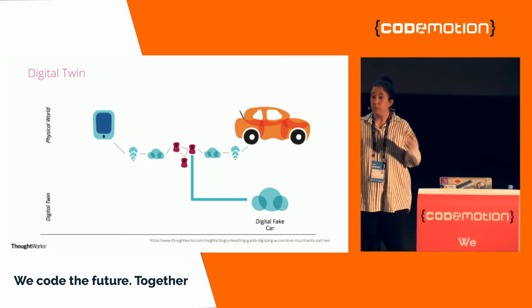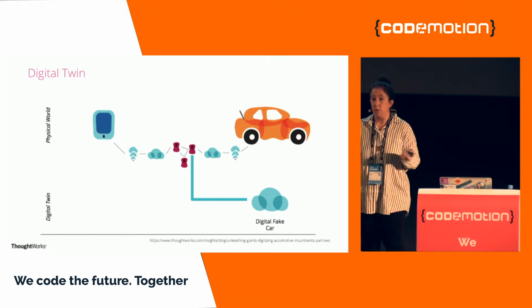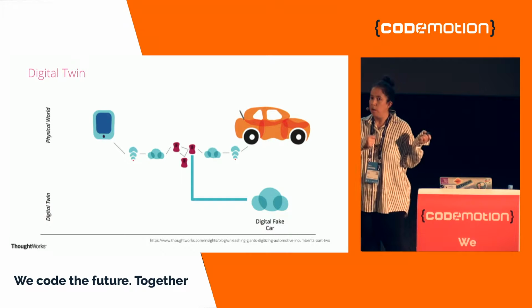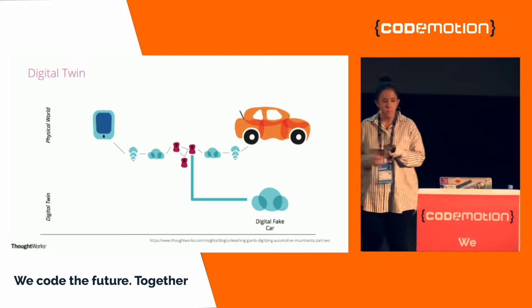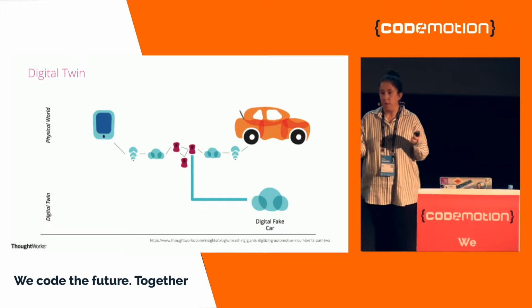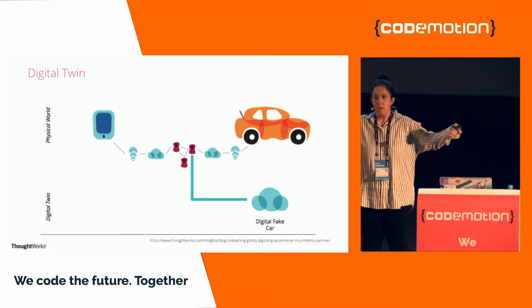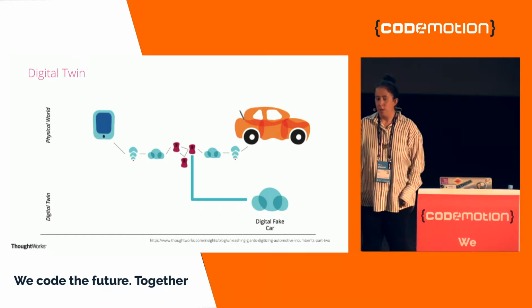You can go really simple and say, I'm just creating a very simple API or a very simple service that will mock the API that I have with that device, so I can start building software against that API. Or I can go full on and buy a software product that will help me simulate a whole plant.